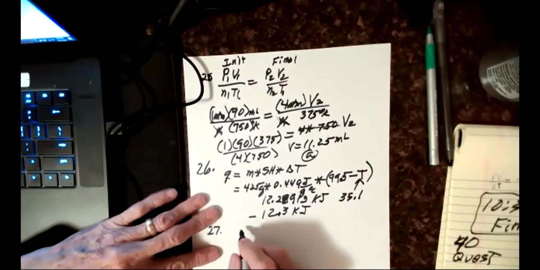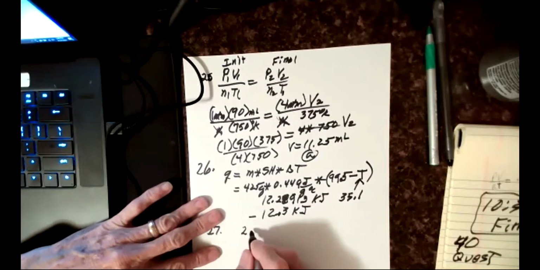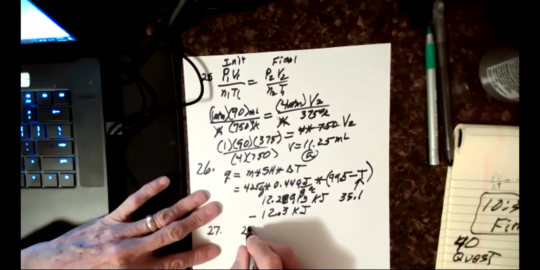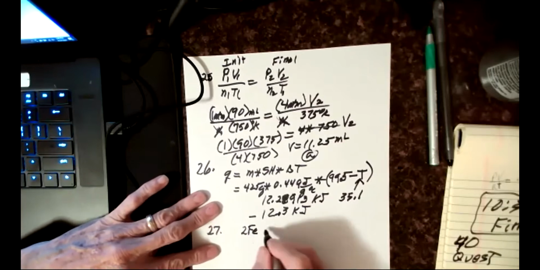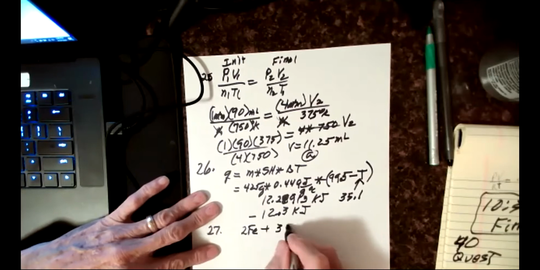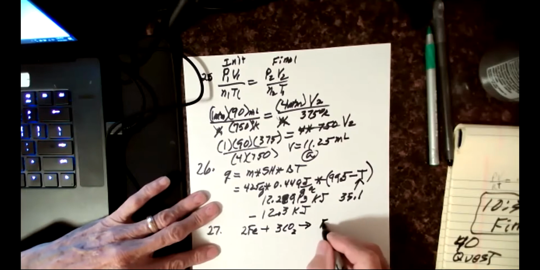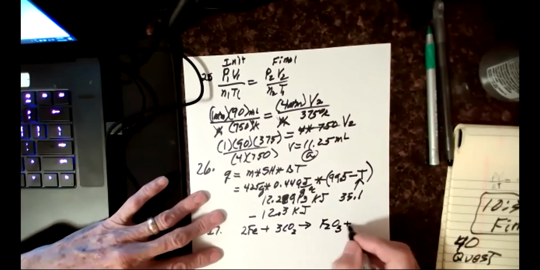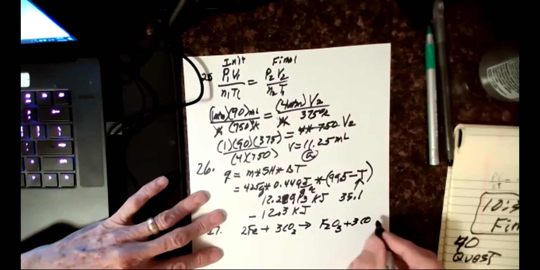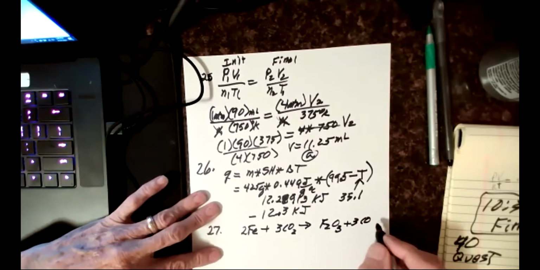Okay, we've got number 27. We got 2 irons and 3 CO2s goes to Fe2O3 plus 3 CO gas.